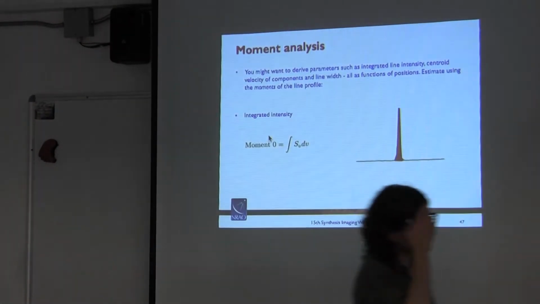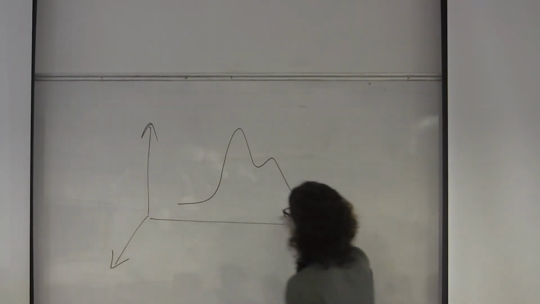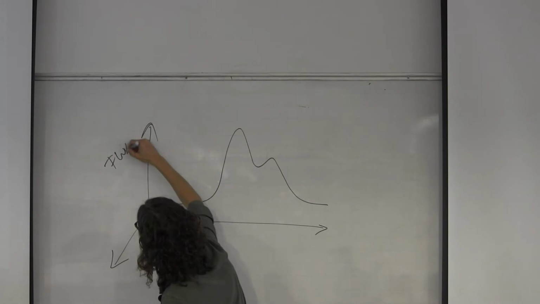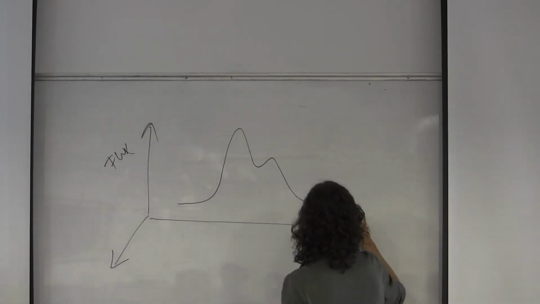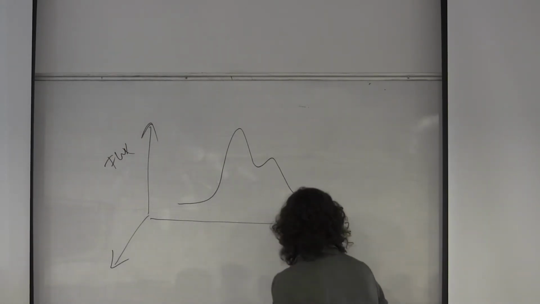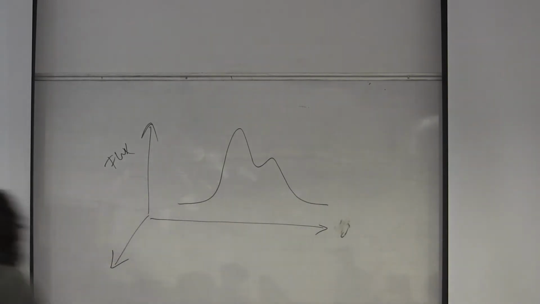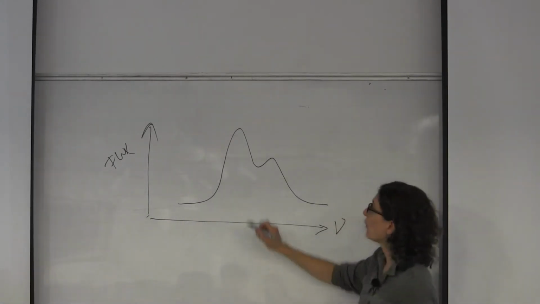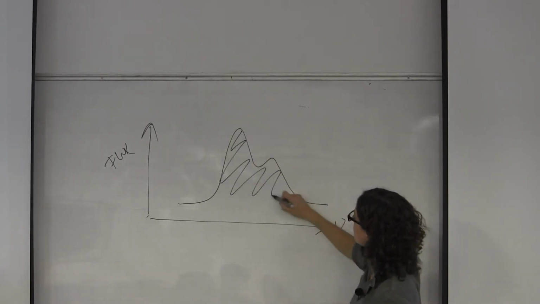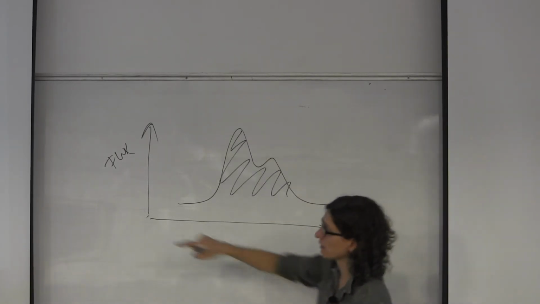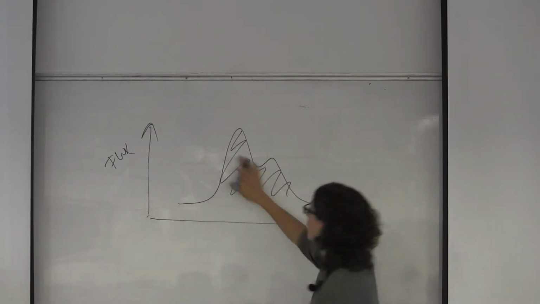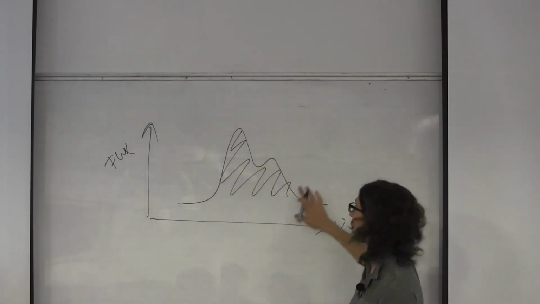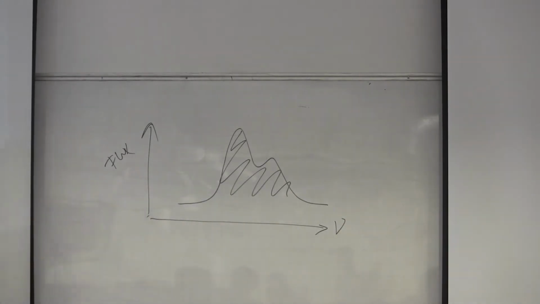So the moment zero is just, if we have the flux profile with respect to velocity or frequency or redshift, we integrate that flux, and that gives us the moment zero. So it's the total amount of flux that we are receiving from that source.